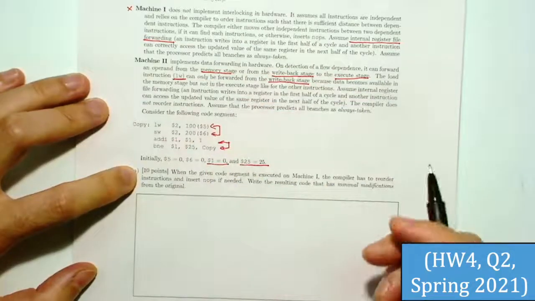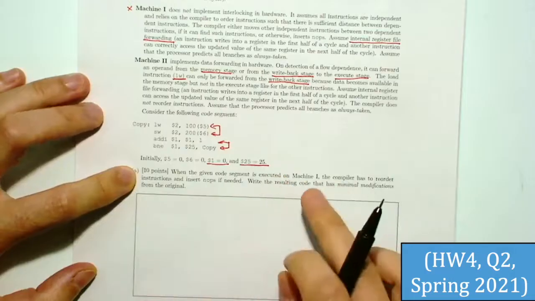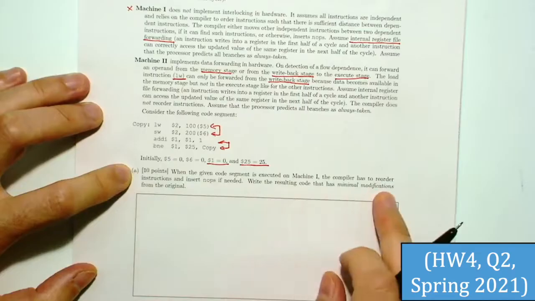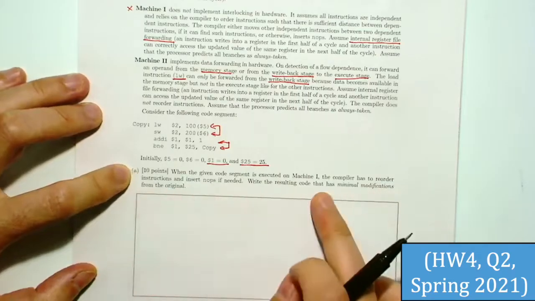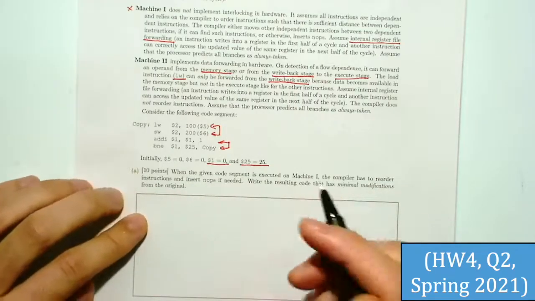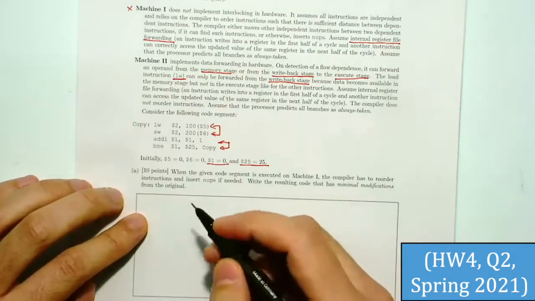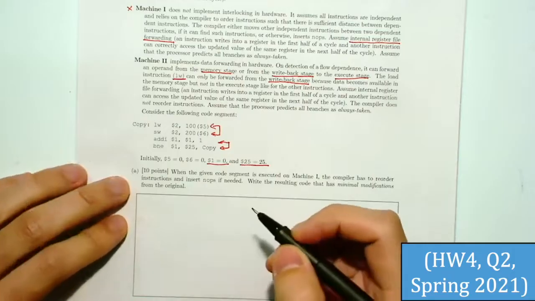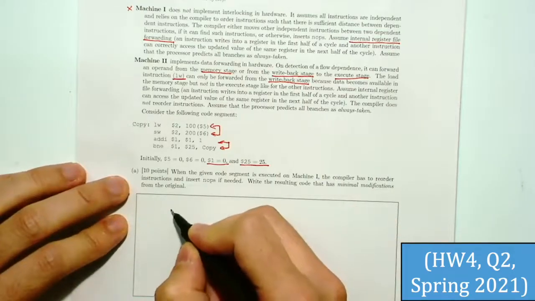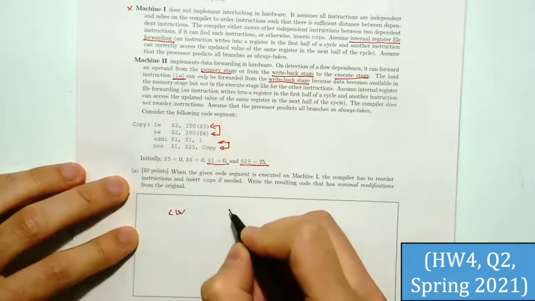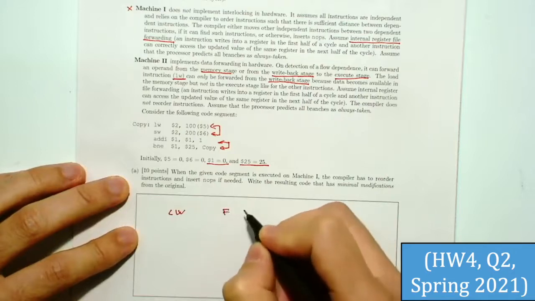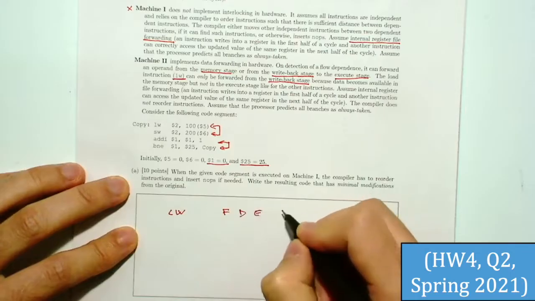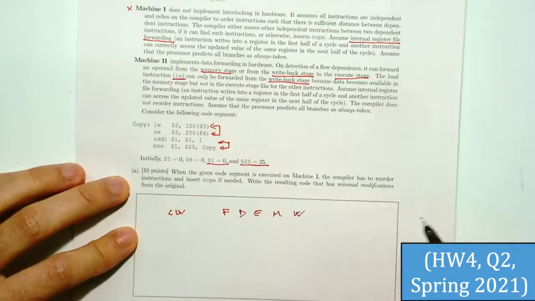When the code is executed on machine 1, the compiler has to reorder instructions and insert nops if needed, with the resulting code having minimal modification from the original. For doing that, I'm going to draw the pipeline stages. I think it's easier to solve in this way. If we have this load, we have the fetch, decode, execute, memory, and write back, right?